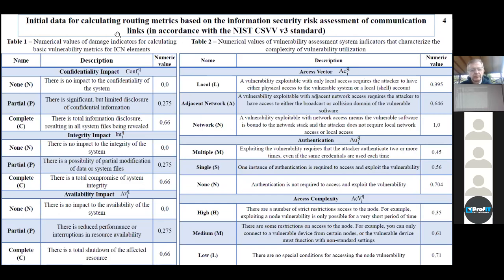As initial data, we used numerical values of the damage indicator for calculating basic vulnerability metrics for network elements, as you see in table number 1, and numerical values for vulnerability assessment system indicators that characterize the complexity of vulnerability utilization, as you see in table number 2. This initial data allows us to calculate the information security risk, that is, the base score and critical vulnerability.